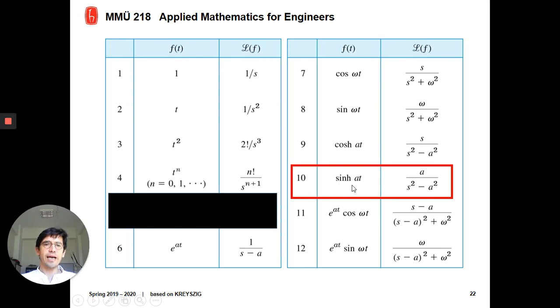Nice. And sinh at is exactly written here as a over s squared minus a squared. So the difference between the normal sine function and the hyperbolic sine function is the minus over here. So if you have a minus here, that's sinh t, sinh at. Okay, so we have opened up one more from our table, and that's pretty much it.